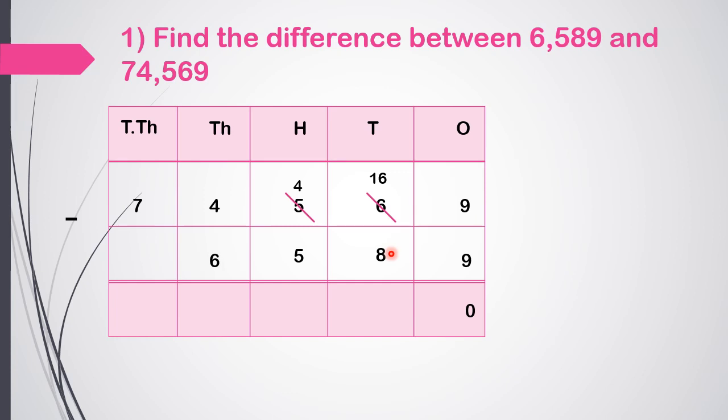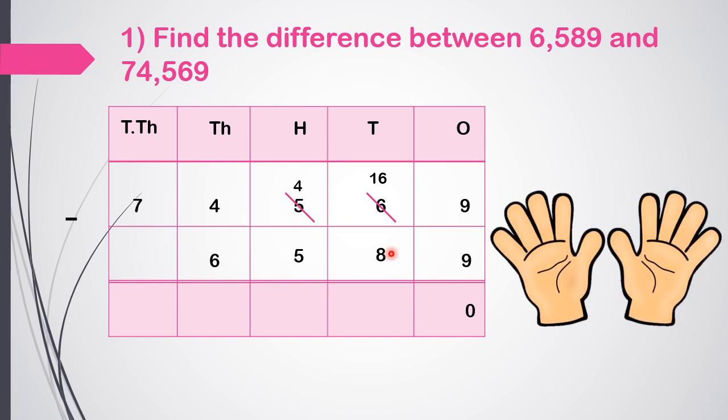To find out 16 minus 8, we can use many ways to find the answer. Okay. For a simple method, I'll tell you. Take your fingers. Fold your fingers. Now we are going to find out 16 minus 8. So we have to start from after 8.